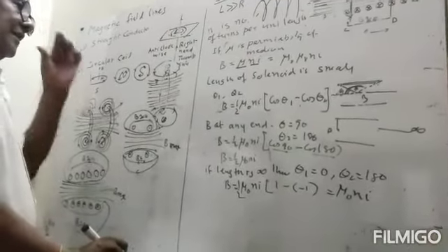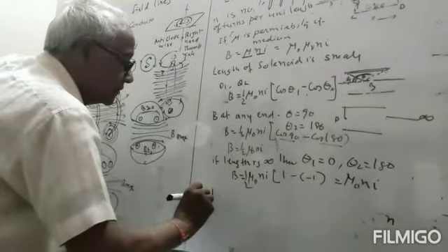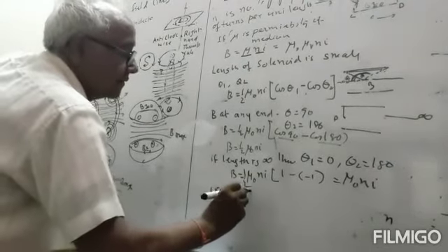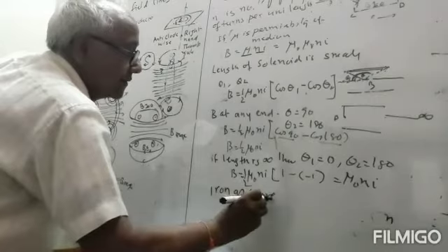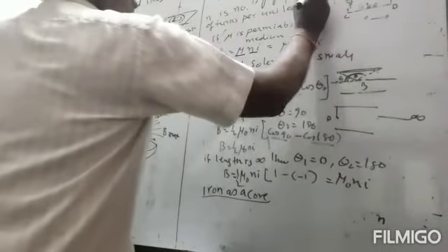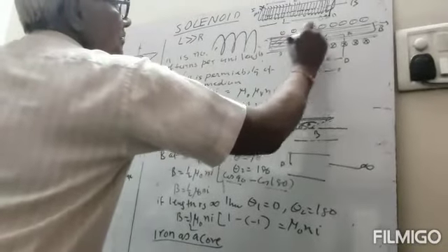Now the next case is if we have iron as a core, meaning here we have an iron rod.